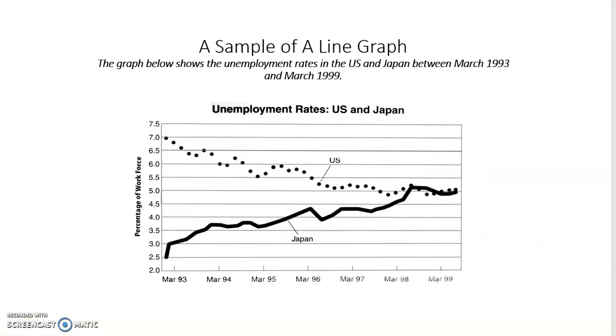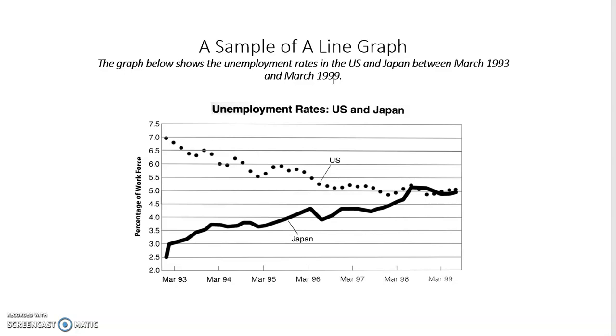Okay, so we have here a graph, which is a line graph, and this is a dynamic graph because it happens in a period of time, from March 1993 until March 1999.